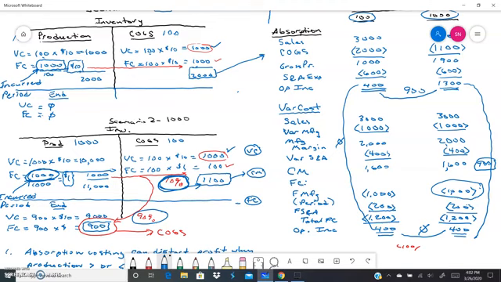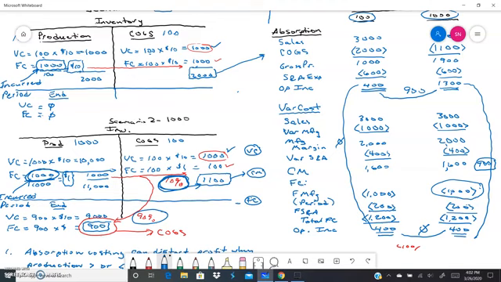But for short term, for internal decision making, variable costing can be very valuable because of the ability to not allow production to distort your cost structure and your profitability. So hopefully that makes sense. It's kind of a different way of looking at variable costing.